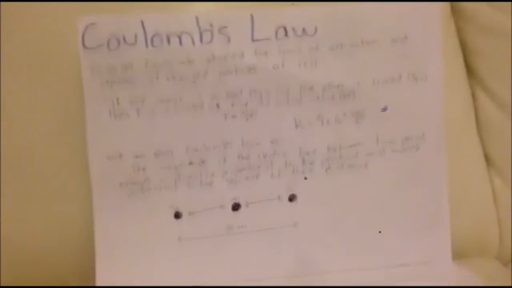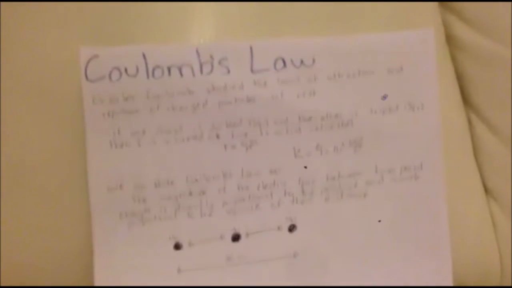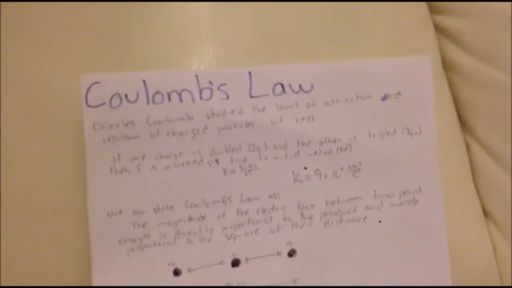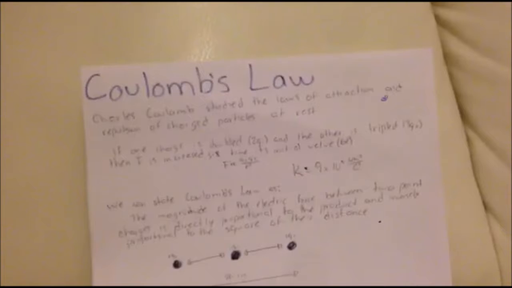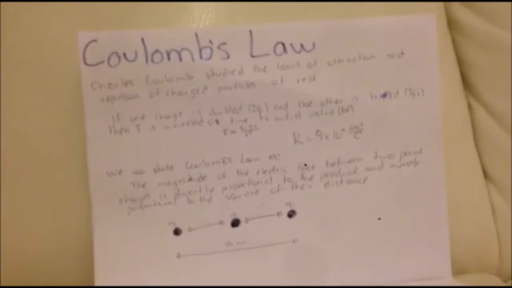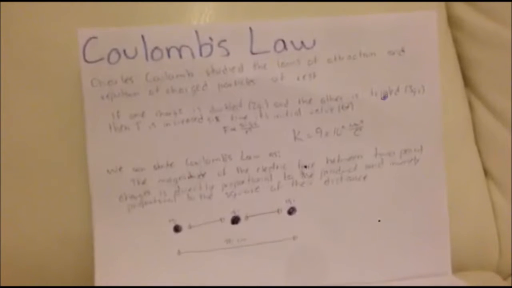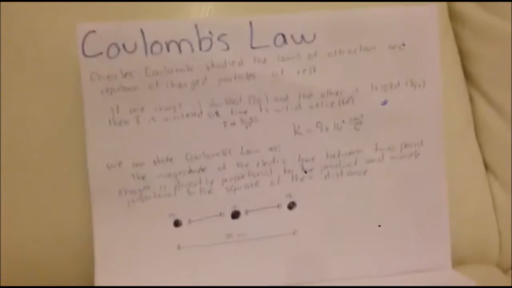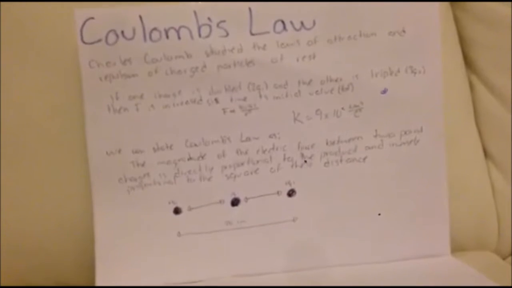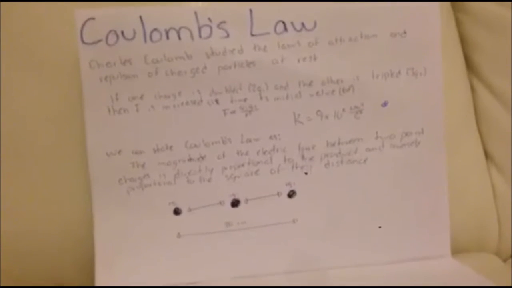Coulomb's law. Charles Coulomb studied the laws of attraction and repulsion of charged particles at rest. If one charge is doubled, 2q1, and the other is tripled, 3q2, the force F is increased to 6F.